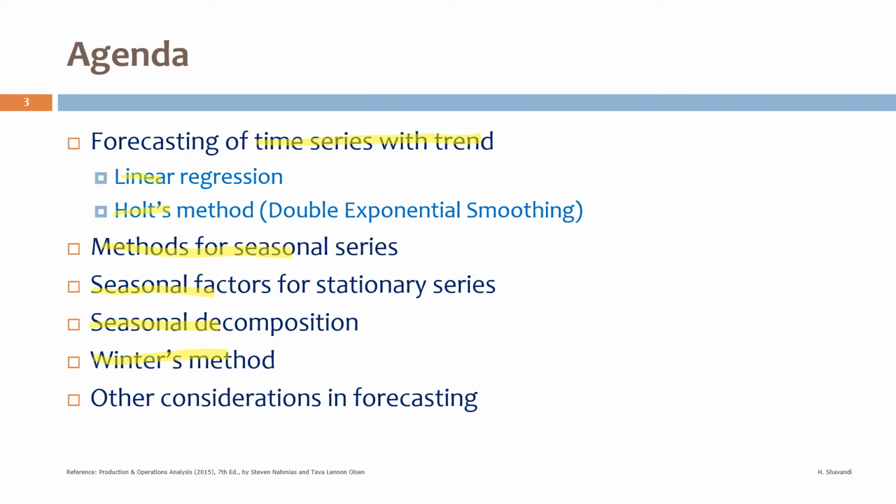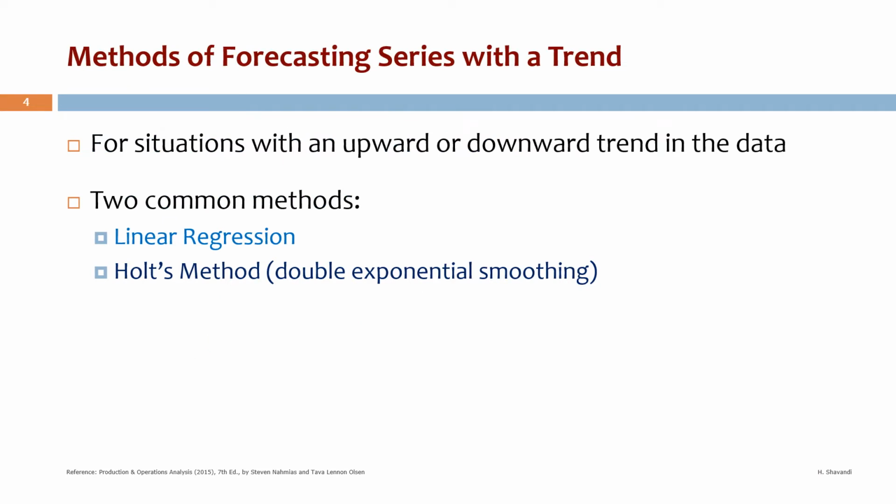Okay, in section 1 we had a stationary time series, so we assume that the average of the variable is constant over time, and there's just a fluctuation over time. And then we consider 2 methods over there, moving averages and exponential smoothing.